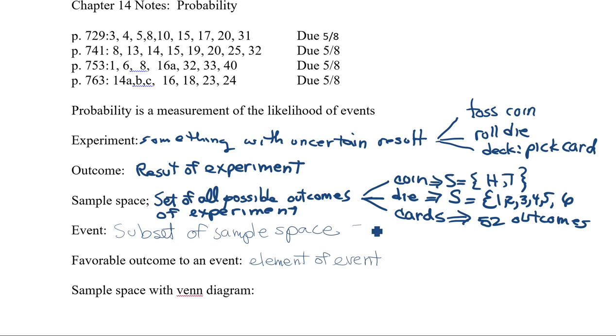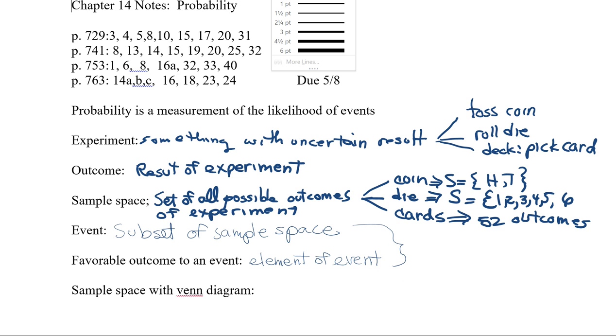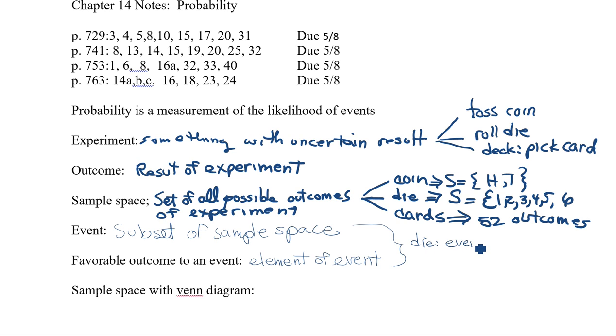And so if I put these two ideas together with my die, I could have the event be something like rolling an even number, and a favorable outcome could be any of the numbers 2, 4, or 6.